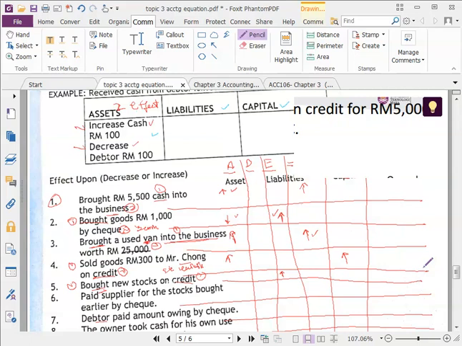Apa nama dia? Apa kaitan? Kredit maksudnya kita account. Yes, that's right. Account payable. Okay, very good. So our liability is increased. Of course, increase. Okay, account payable increase.